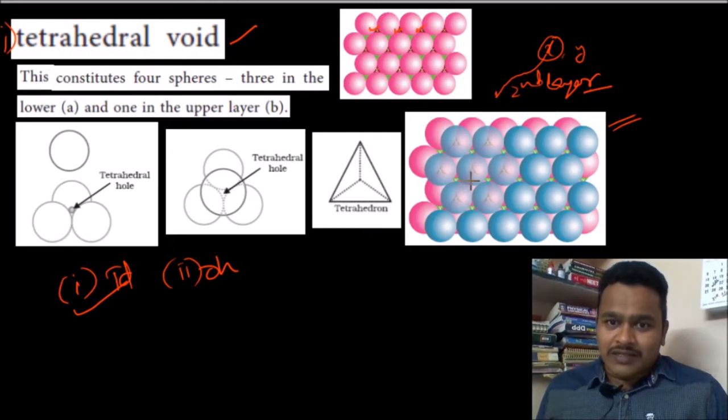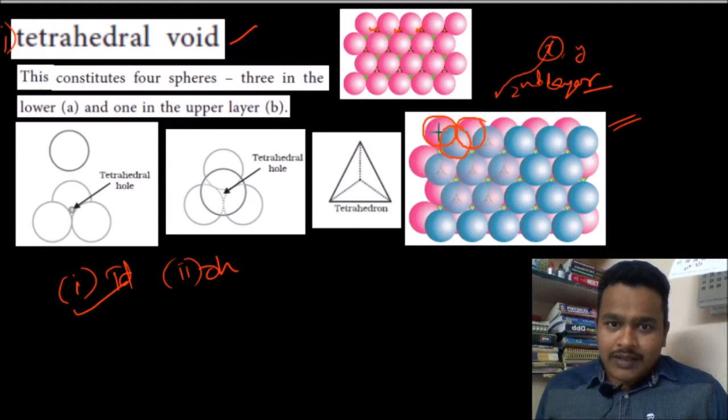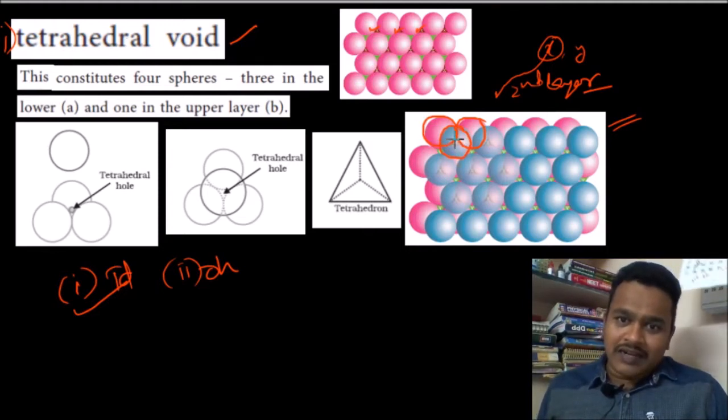Tetrahedral voids. See, this is one sphere. Observe, everybody. This is a pink color sphere, and side by side one more pink color sphere is there, and above is a blue sphere. These three combined give one gap, an X gap. Already that void is formed, you see.